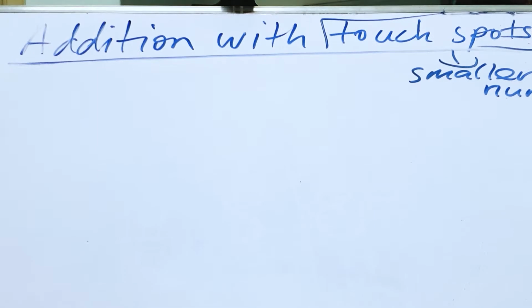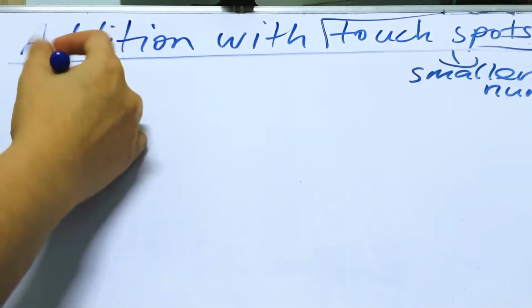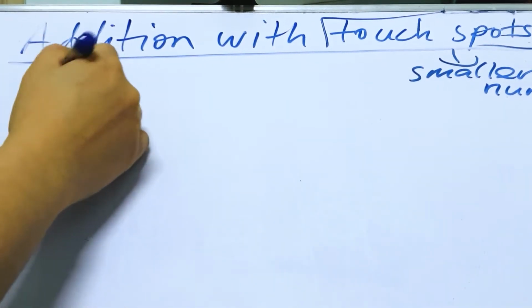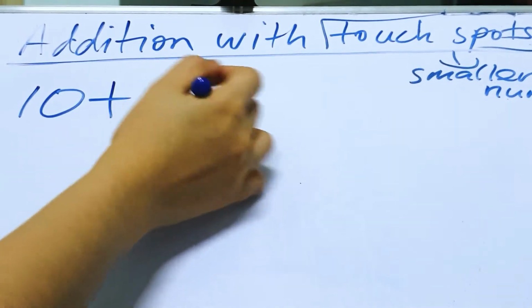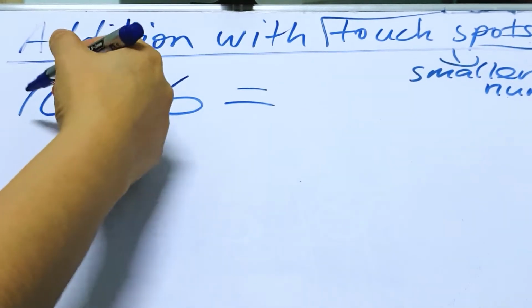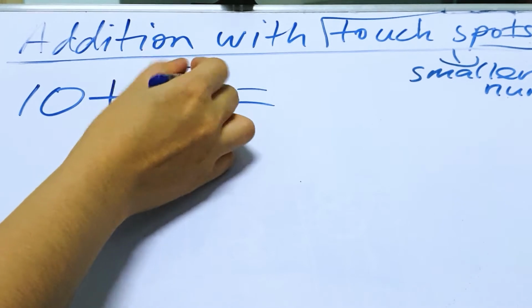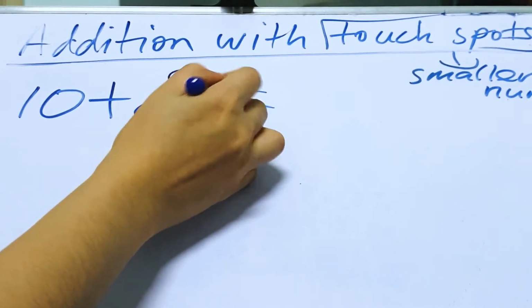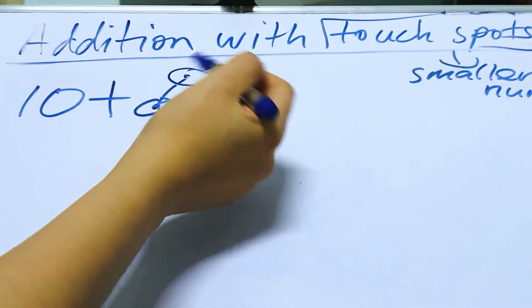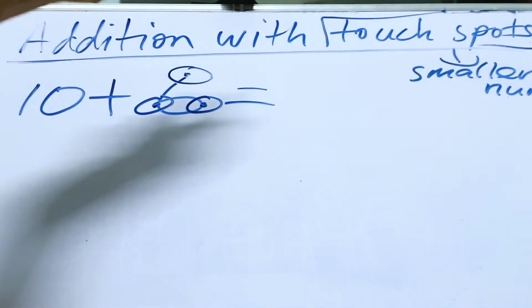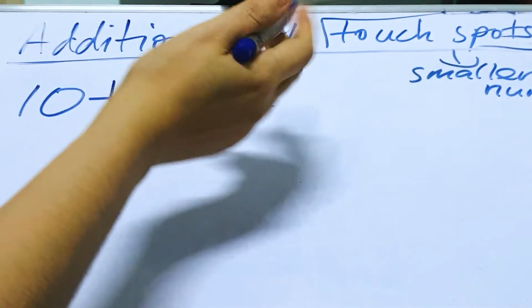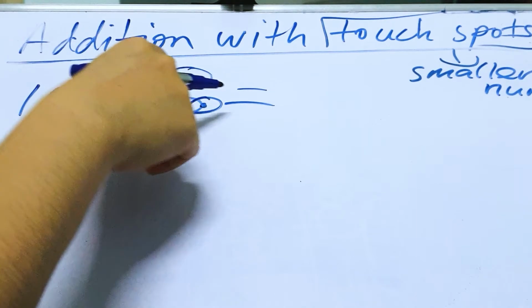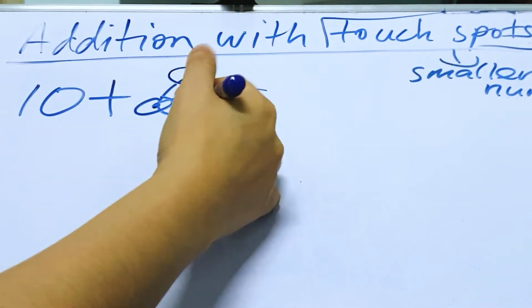Likewise, if I have 10 plus 6, for example, younger children have to draw like that, because they cannot visualize.